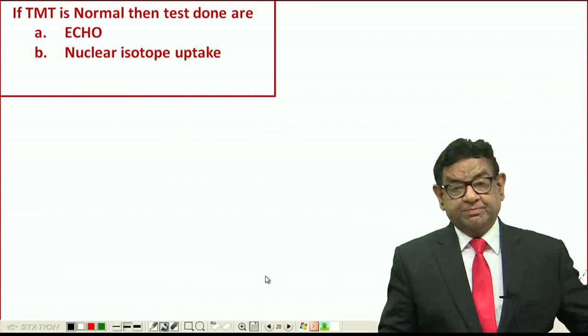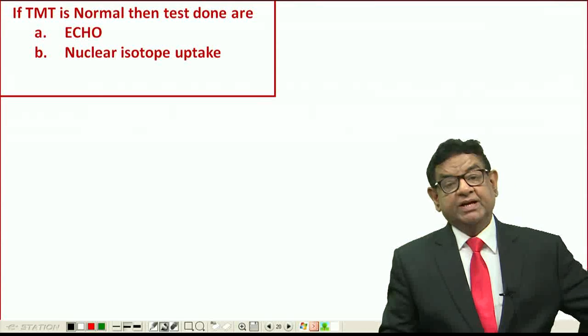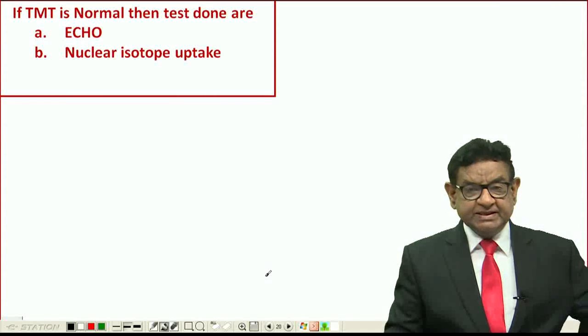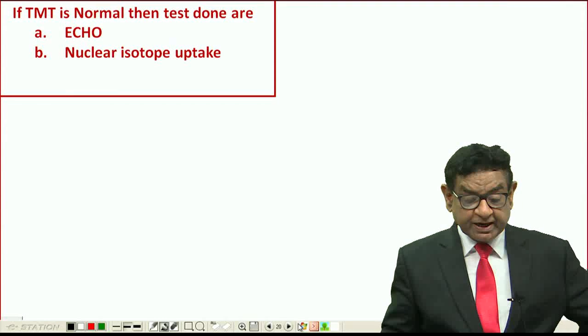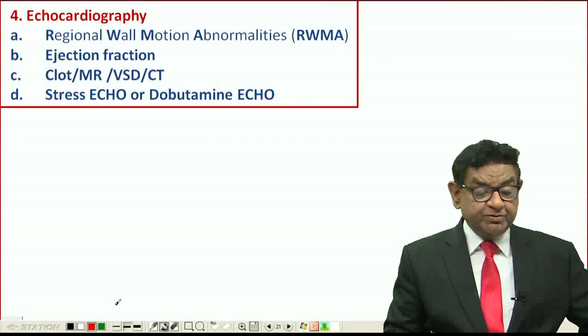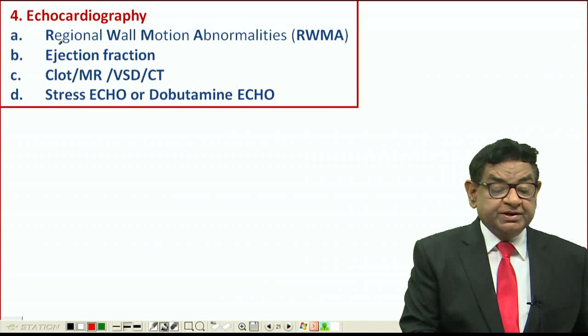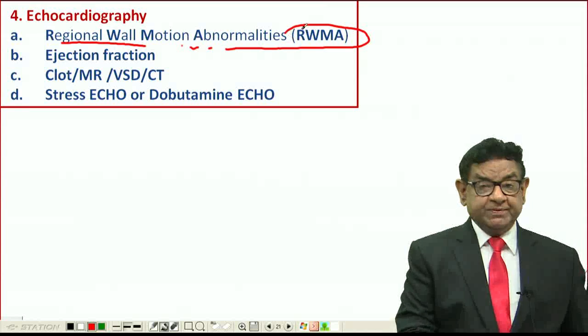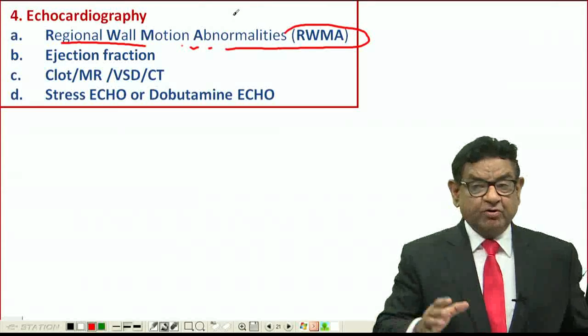Okay, now suppose TMT test is normal. Now what to do? If TMT test is normal, then the next test is echocardiography. Okay, now what we see in echocardiography? First of all, when we do echo, you can see regional wall motion abnormality, what we write as RWMA. What do you mean by regional wall motion abnormality?